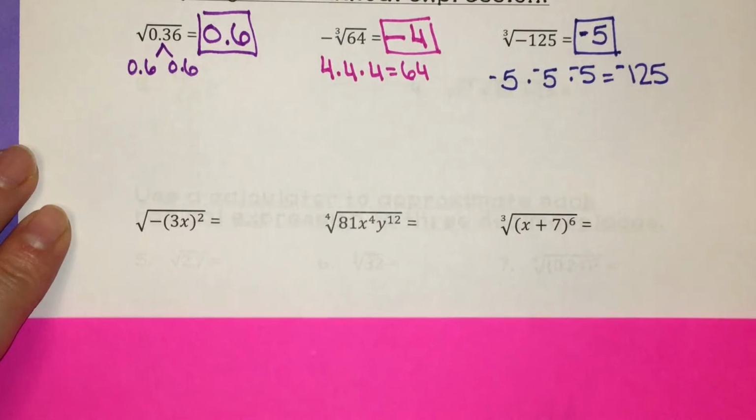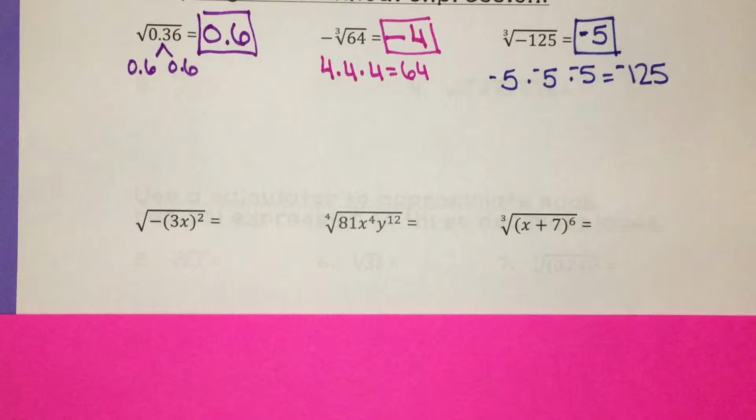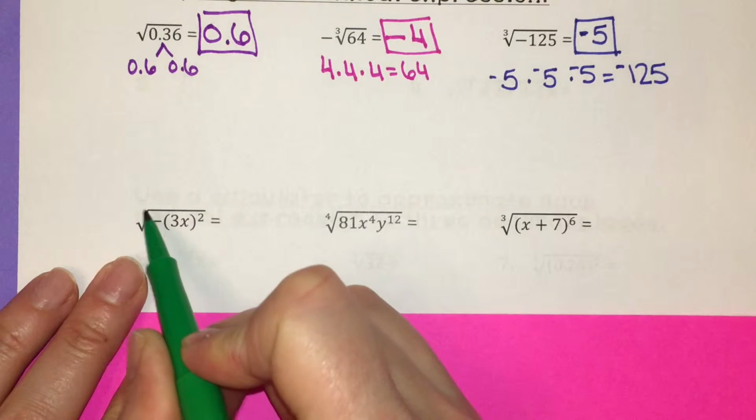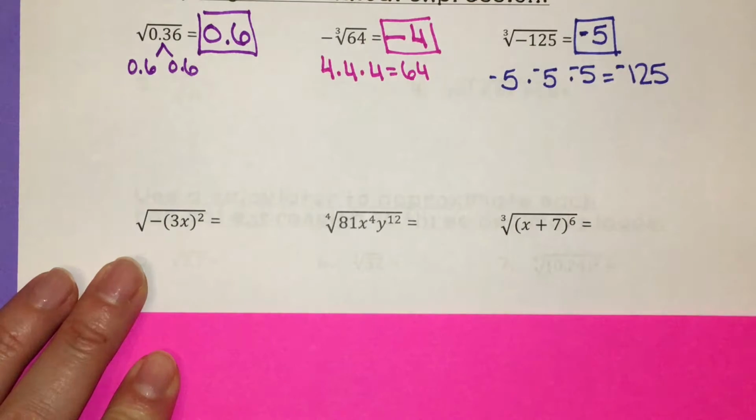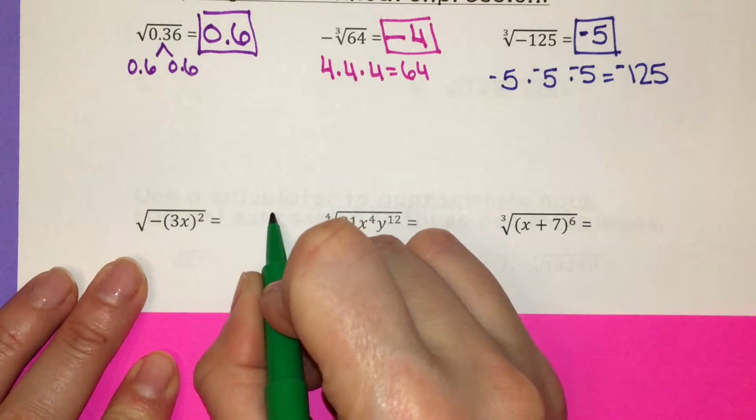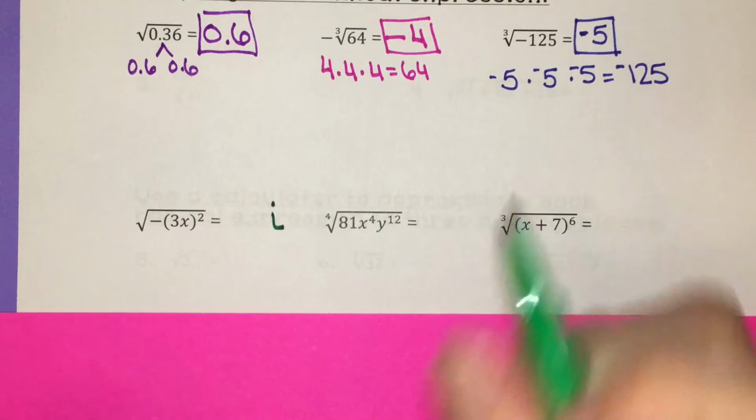All right. So this one, we have the square root of a negative, and then the 3x is squared. Anytime you have the square root of a negative, that always equals i. So I'm just going to pull out i, that's our imaginary number.